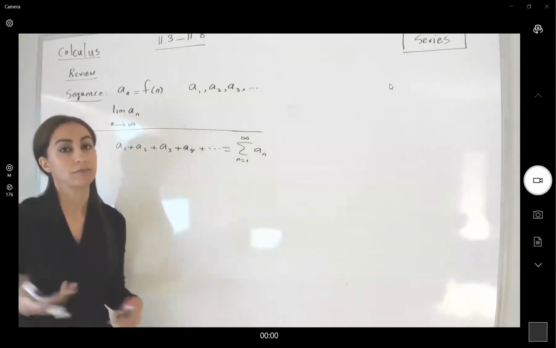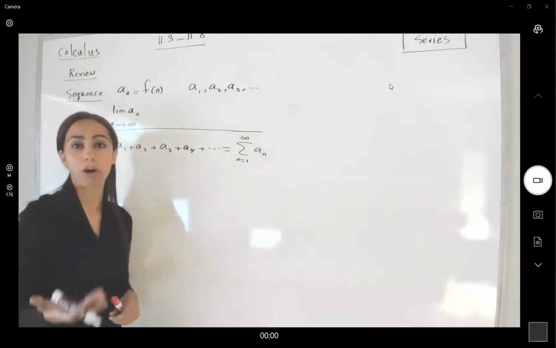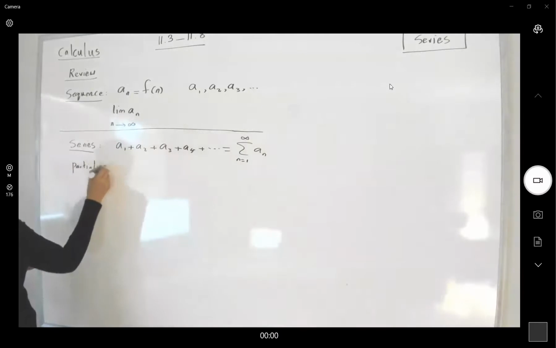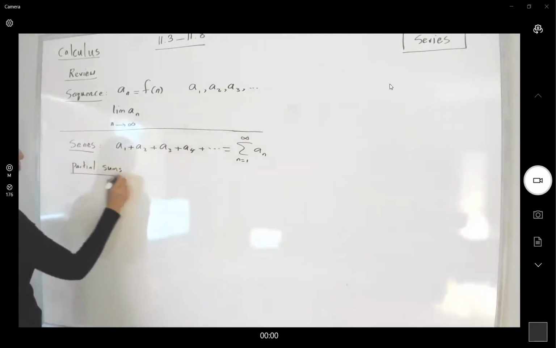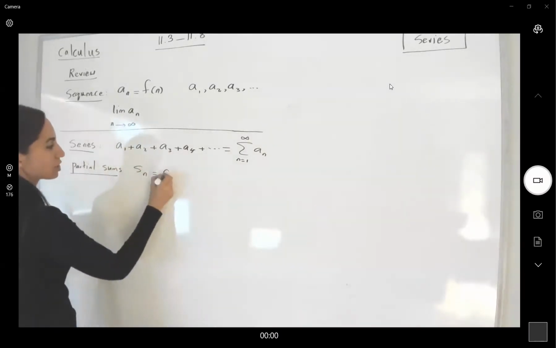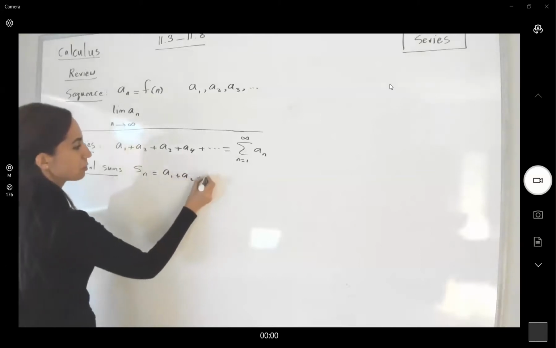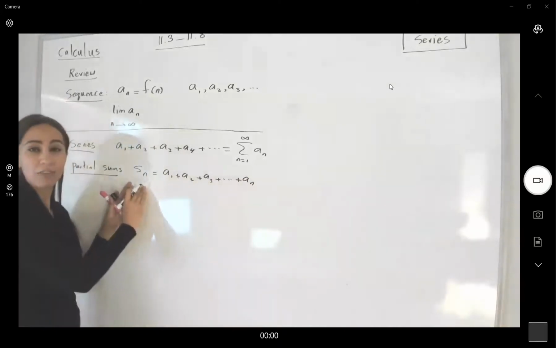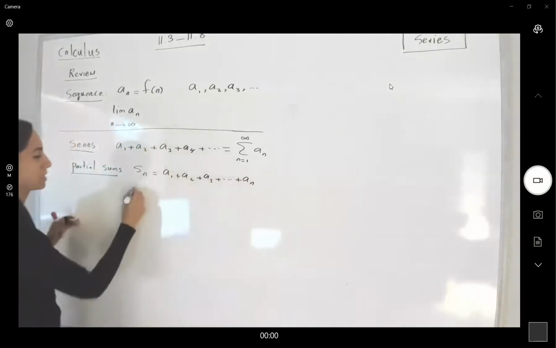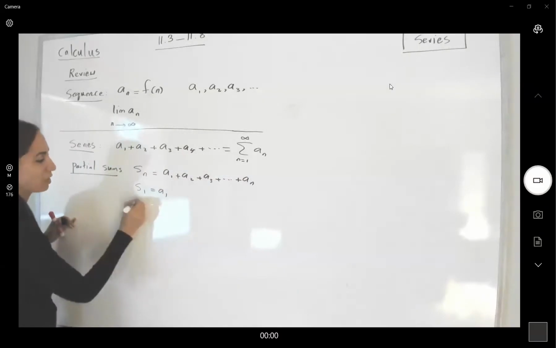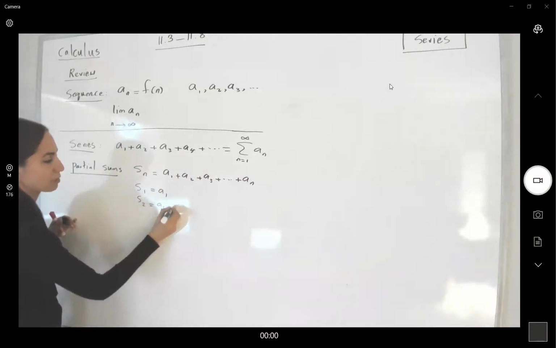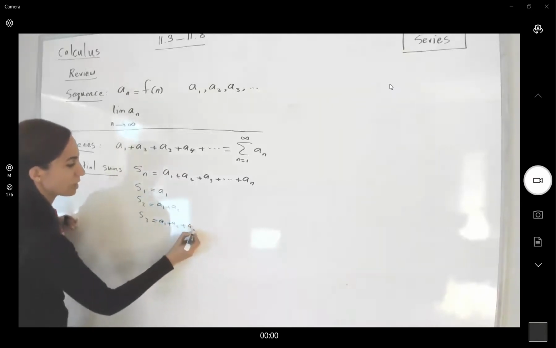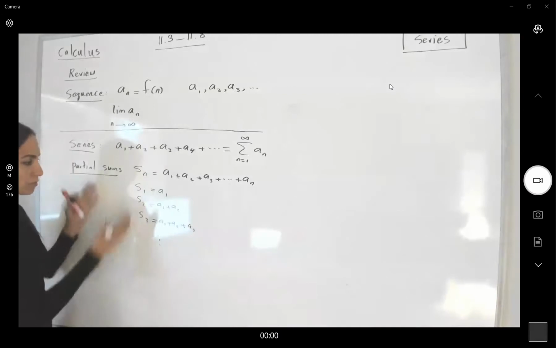Well, we said that we construct and form the partial sums, S sub n, which is a1 plus a2 plus a3 plus up to a sub n, which is itself a sequence. So S1 is a1, S2 is a1 plus a2, S3 is a1 plus a2 plus a3, and so on.